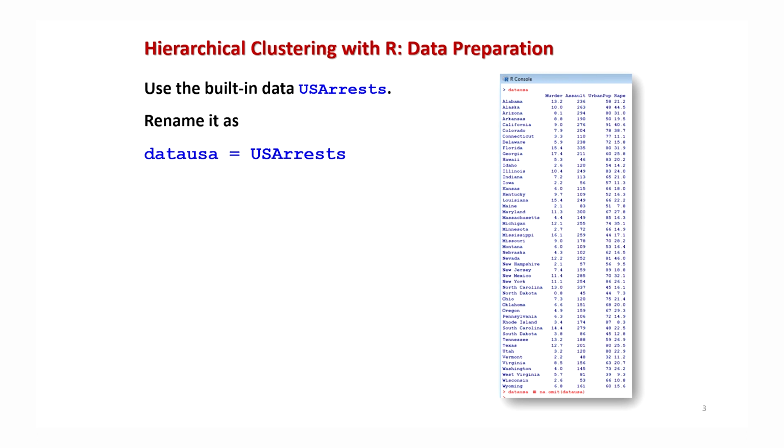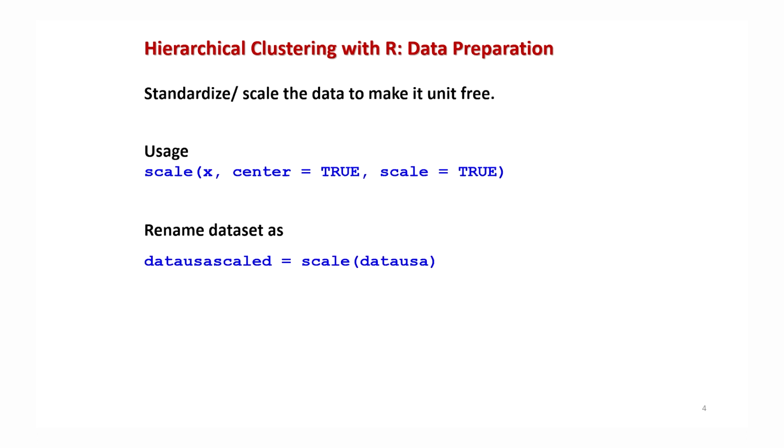We would like to just give it a name so that I can use it easily. So I give this data set USArrests the name dataUSA. Right, like this. And you can see here this is the screenshot of the data set. I will try to show you on the R console, but you can believe at the moment that you are going to get the same thing.